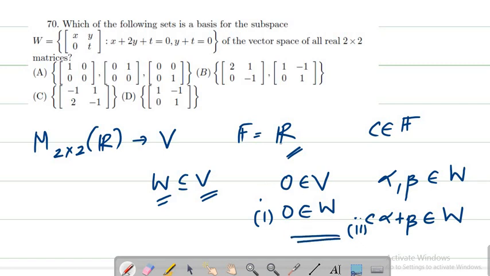I just want you to refer to this definition of vector spaces and see some examples before you attempt this problem. So let us solve this problem now.